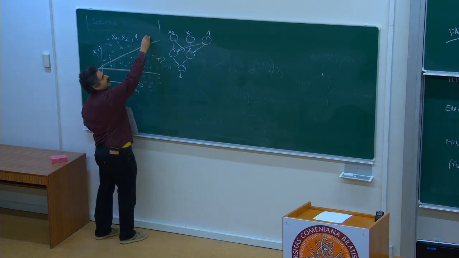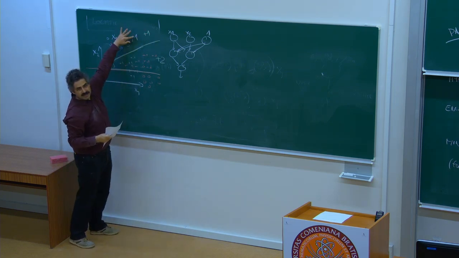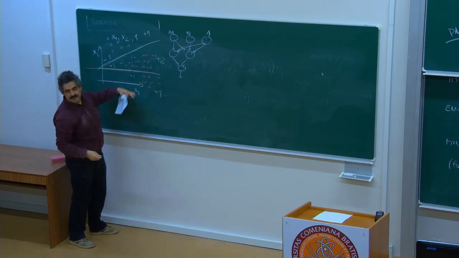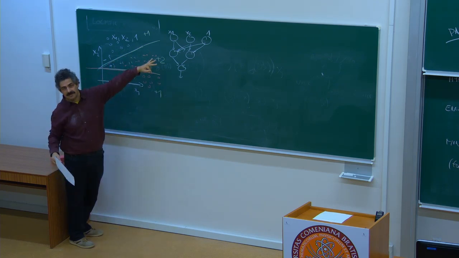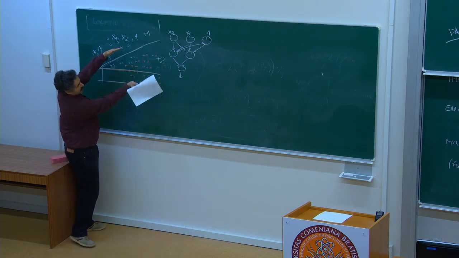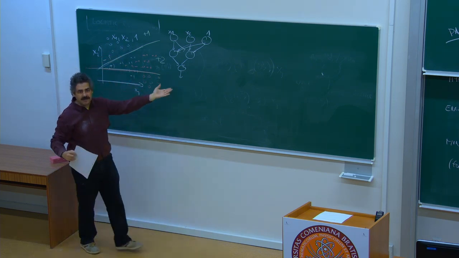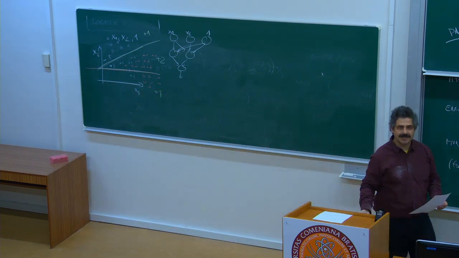Here I get plus ones, because plus ones from the red part, and here also I get plus ones from this white line. So suddenly I can do this, which I cannot do with a linear function easily. I can just do this part of the plane. If I add the third neuron, I can get more complicated areas.